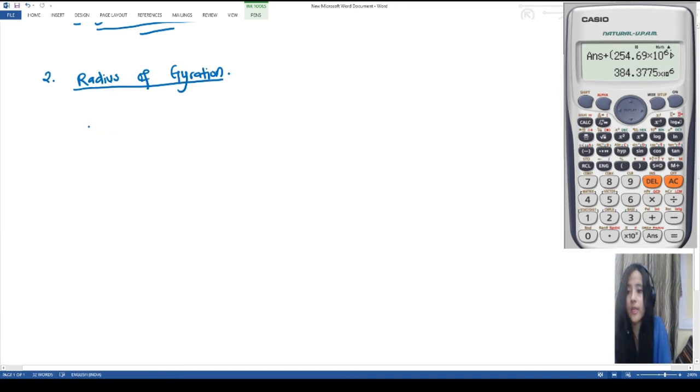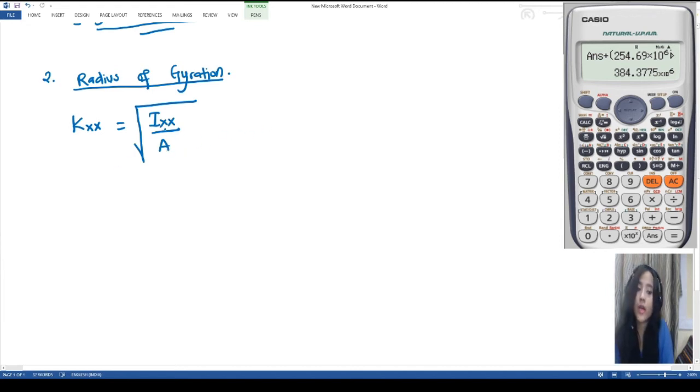If I find radius of gyration about kxx, my formula will become root over Ixx divided by area, right? Similarly, if I find it for kyy, it will be root over Iyy by area.